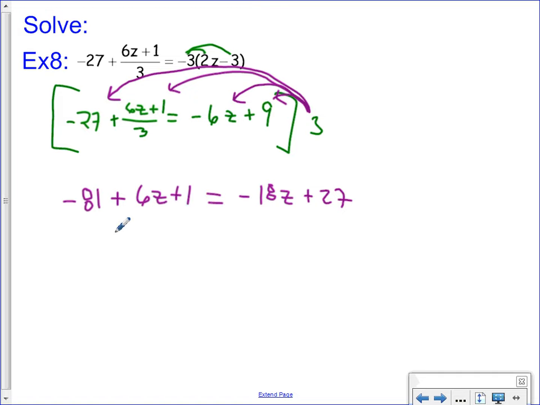Well, let's do that. So let's do negative 80 plus 6z equals negative 18z plus 27. So that way it doesn't look like it's too much going on. Move the 18z to the other side, move the 80 to the other side.